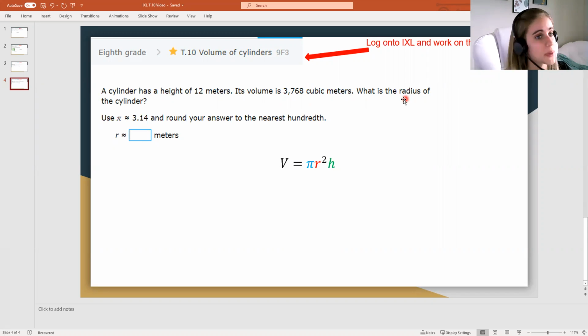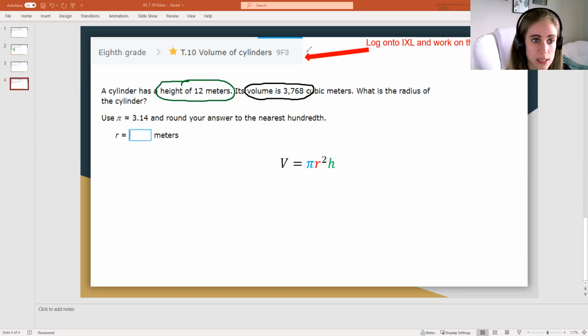But our first step never changes, and that first step is to identify the information we're given. We're given a height of 12, a volume of 3,768, and we are given to use 3.14 as pi. What we're trying to find is the radius. That is our unknown. That is going to stay a variable.